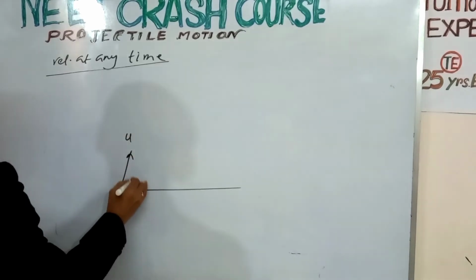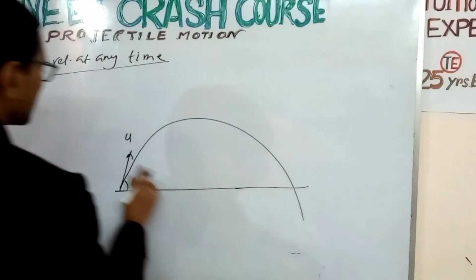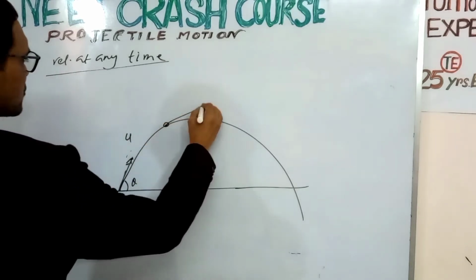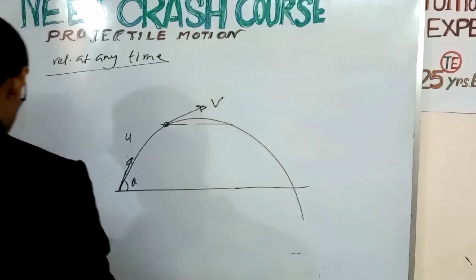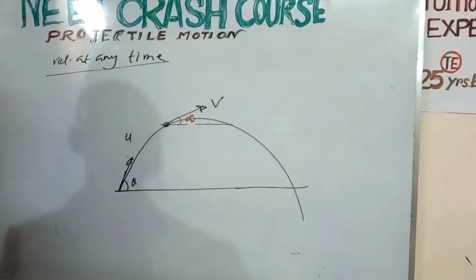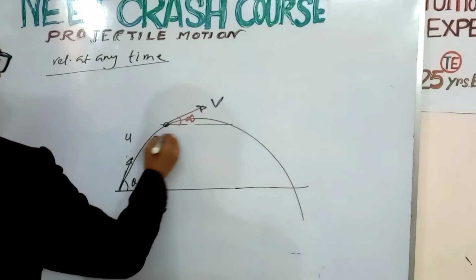If a particle is projected at angle theta, then the path will be this, and suppose here we have to measure the velocity. If the velocity is v and it makes an angle alpha with horizontal, how will you get the velocity at any time and the angle alpha?